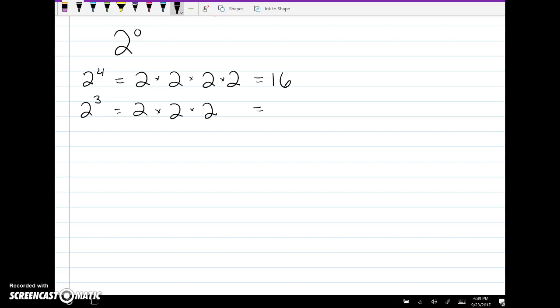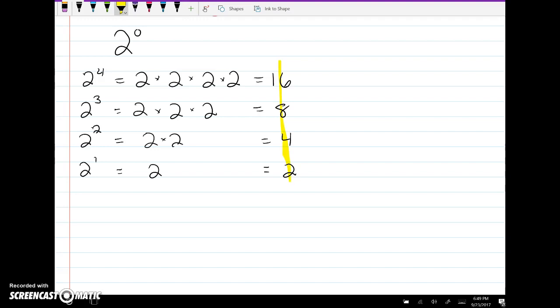And 2 times 2 is 4 times 2 is 8. 2 to the 2nd power, or squared, is 2 times 2, which equals 4. And 2 to the 1st power, or just regular 2, equals 2.